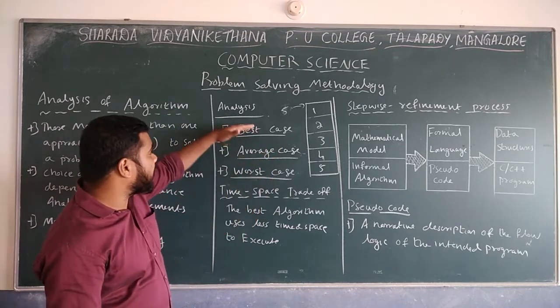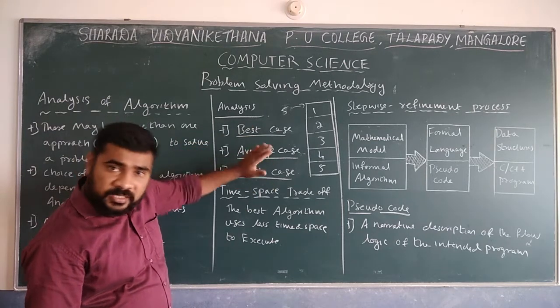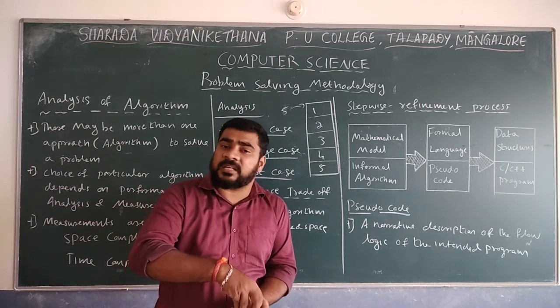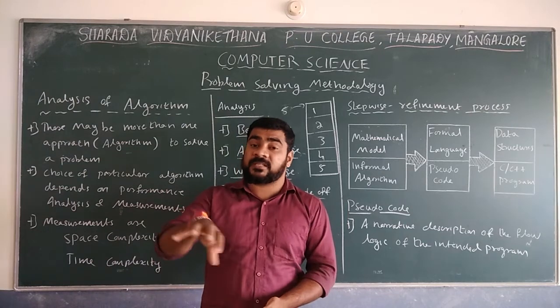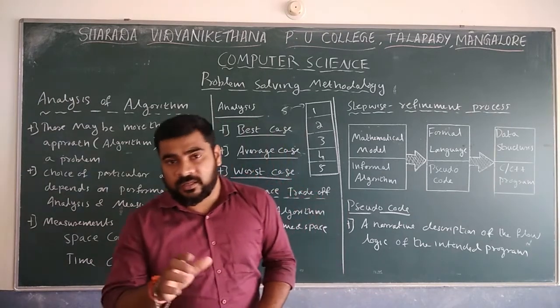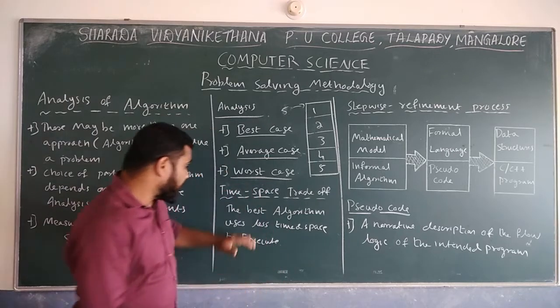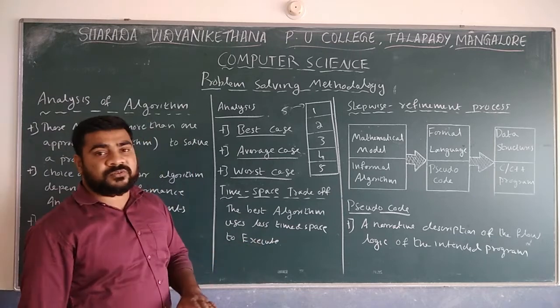So we get output analysis based on the best case, worst case and also the average case. Then how can we select the best algorithm? A best algorithm should take the best case normally, and it should also use less time and less space to execute.